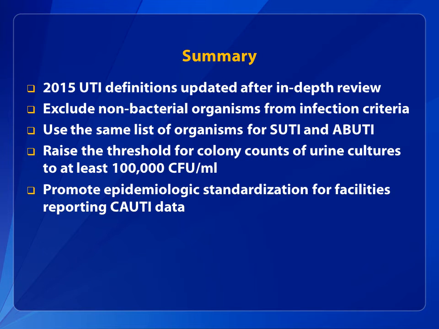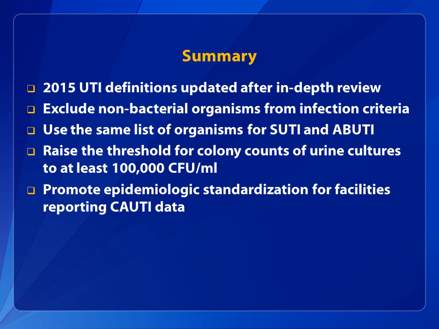In summary, the 2015 UTI definitions have been updated after a thorough review by subject matter experts from a variety of settings and fields. The new definitions are intended to improve patient safety and to promote epidemiologic standardization for participating facilities. Non-bacterial organisms have been excluded from the definitions, and the threshold for colony count of the urine culture has been increased to a minimum of 100,000 CFUs per milliliter.